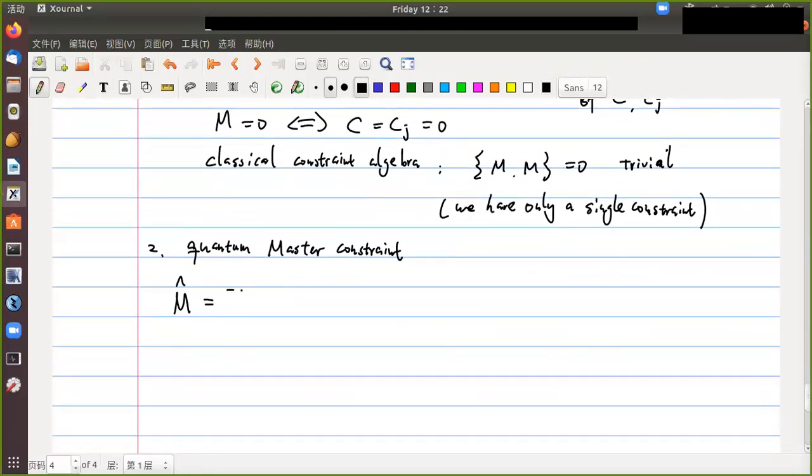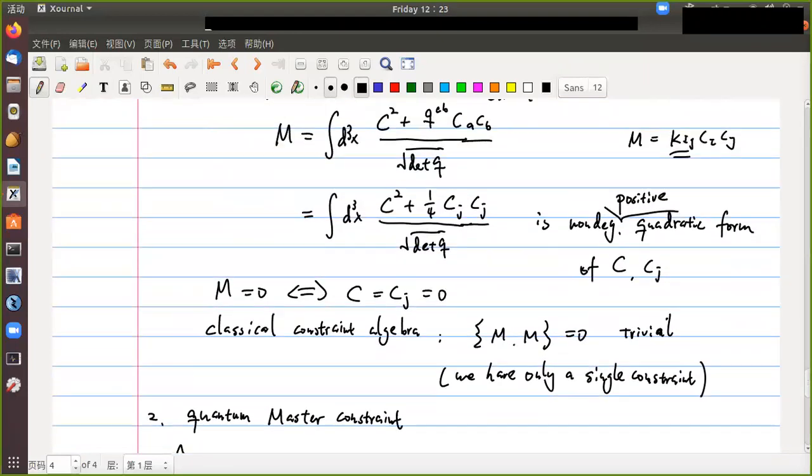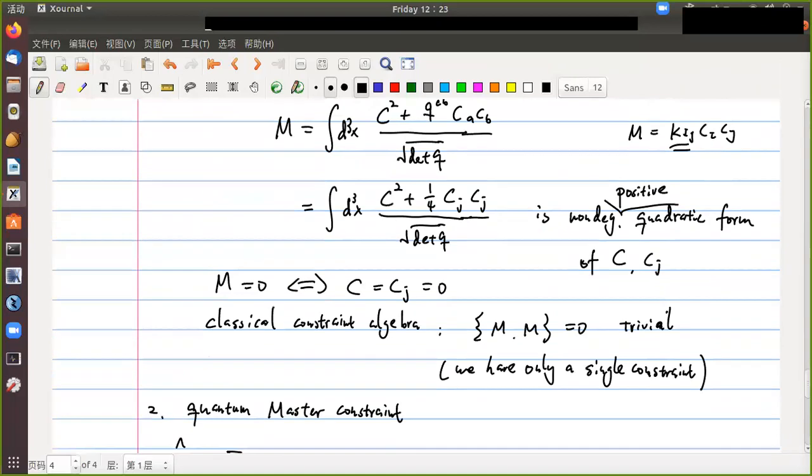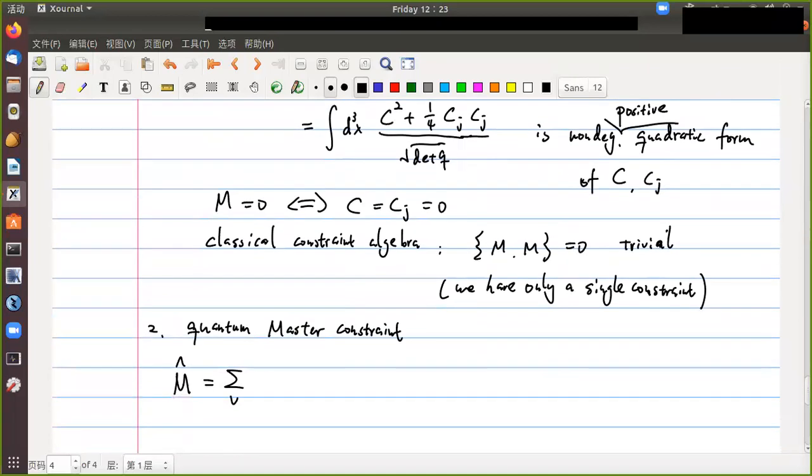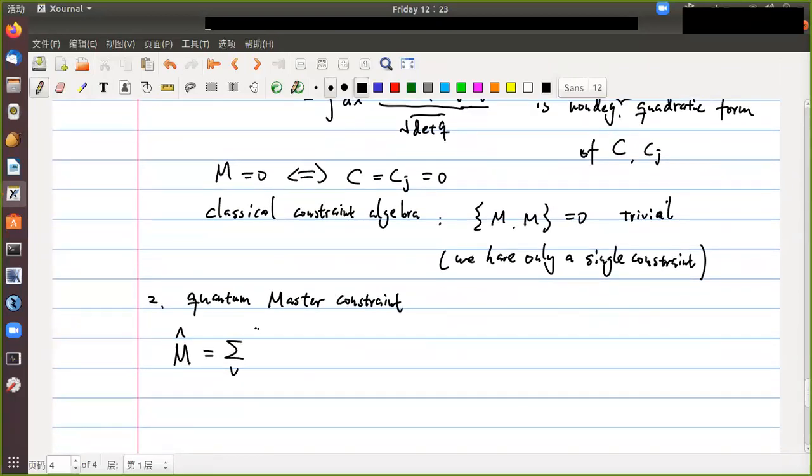So you write the master constraint as the sum over all the vertices, a quantum, discrete analog of the integration over three-dimensional space. And then you have the operator version of C. Here there's a little bit of difference because you have a square root of Q in the denominator.